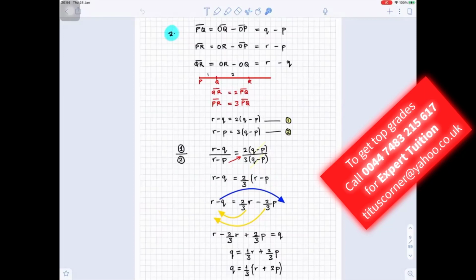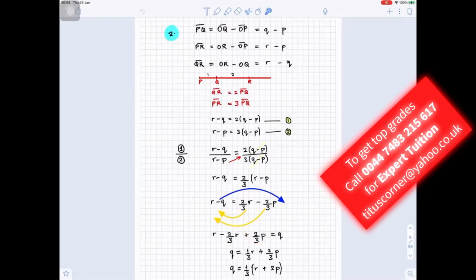Now, we can take minus Q to the right side, take 2/3 R to the left, and take minus 2/3P to the left. So what you get is Q on its own on the right, and its R plus 2/3 goes to the left, it becomes minus 2/3. Minus 2/3P goes to the left, it becomes plus 2/3P.